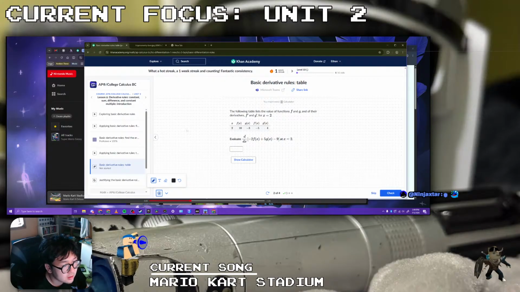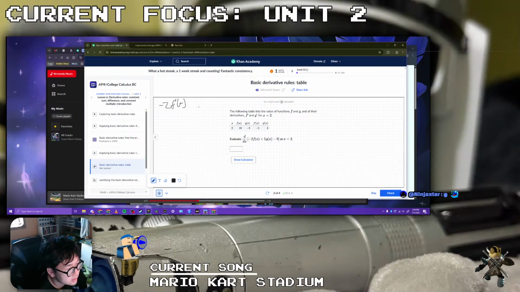I'm not gonna check that because I'm not the host. Okay. So the derivative of this, it's going to be negative 2 f prime of x plus 5 plus 5g prime of x. And then, you know, the derivative of a constant is 0. And then so we're going to do it at 2.